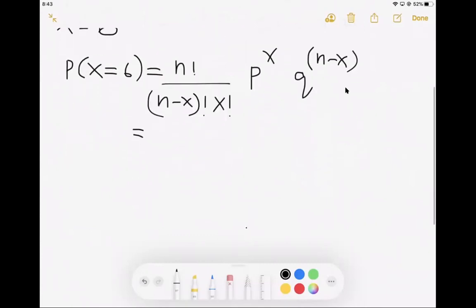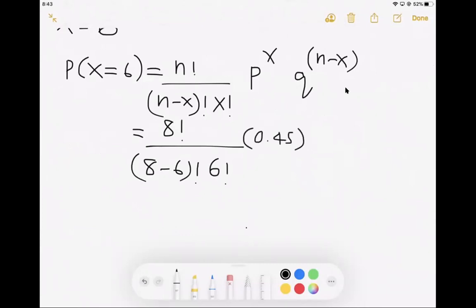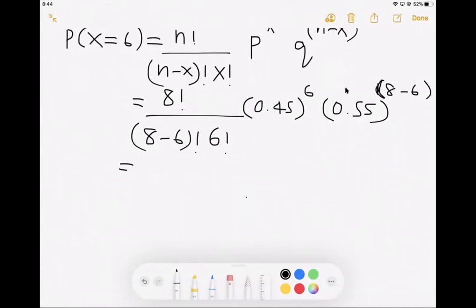What is our n? It's 8 factorial over 8 minus 6 factorial, 6 factorial. P is 0.45 to the power X, which is 6. Q is 0.55 to the power 8 minus 6. Now simplify. I will do this factorial part separately.